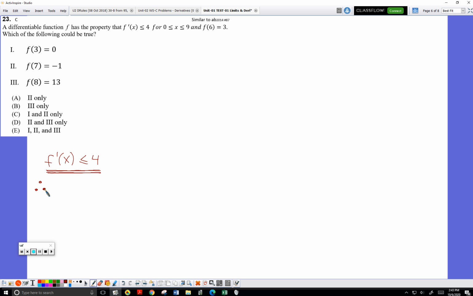Therefore, every tangent slope and secant slope of f. Notice how I'm being very careful not to mix up f and f prime, or throw in the nasty words graph, function, or it. Every tangent slope and secant slope of f must be less than or equal to 4.